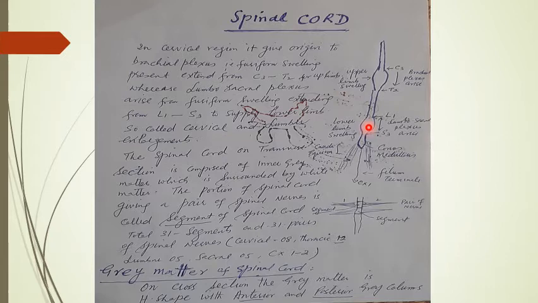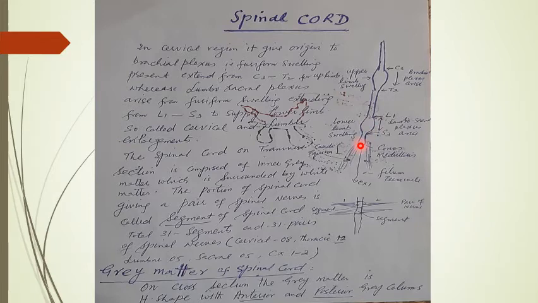So it again swells up due to an increase in the number of neurons, and it extends from L1 to S3, because the lumbosacral plexus supplies the lower limb. This is the root value of the lumbosacral plexus, and it swells up.